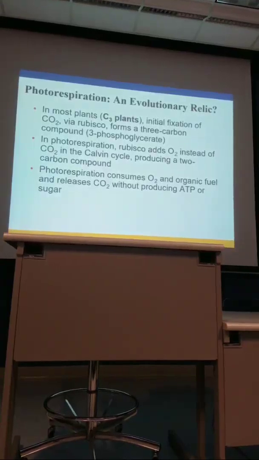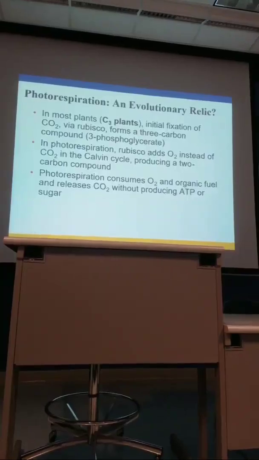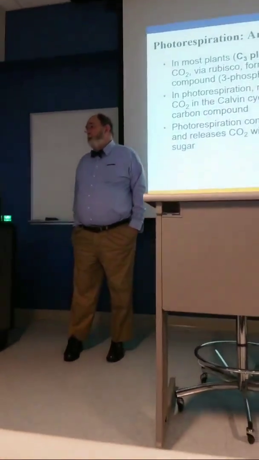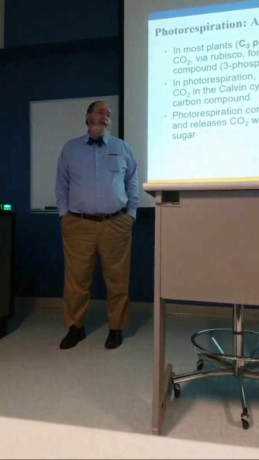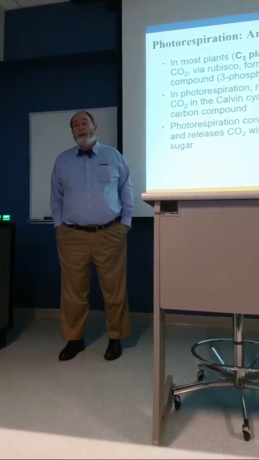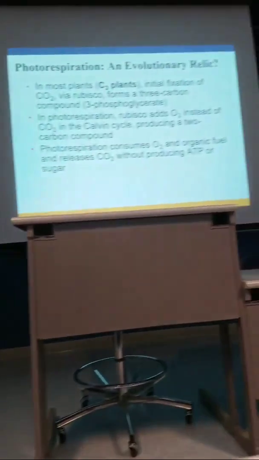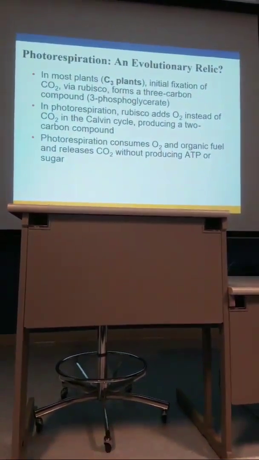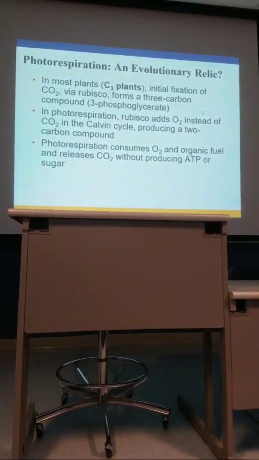So what is the purpose of photorespiration? Basically, it's a way to get rid of the carbon dioxide or oxygen because it's building up and the system doesn't need it. And there's no energy made. It's just a way of getting rid of the byproducts.